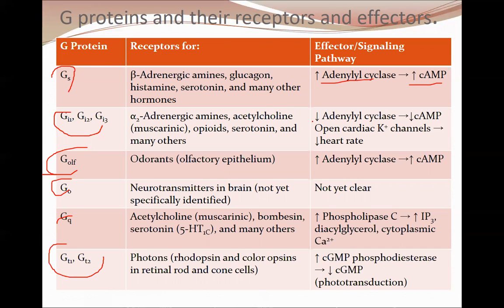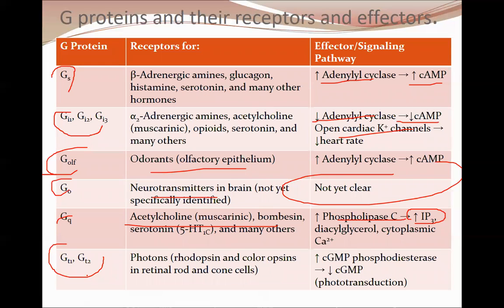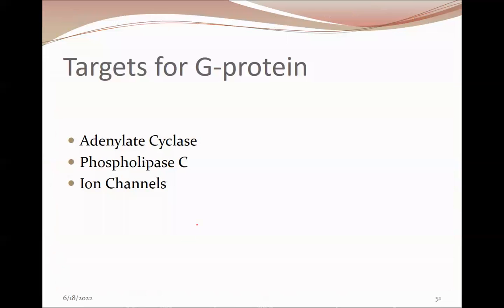GI decreases adenyl cyclase, decreases cyclic AMP, and causes opening of cardiac channels. GOLF is related to the olfactory epithelium. GO is the neurotransmitter that is there in the brain. The mechanism is not clear. GQ increases phospholipase C, causing increased IP3, diacylglycerol, and cytoplasmic calcium. And then we have photons, which are GT1 and GT2. So these are the second messenger systems that are activated by G protein.